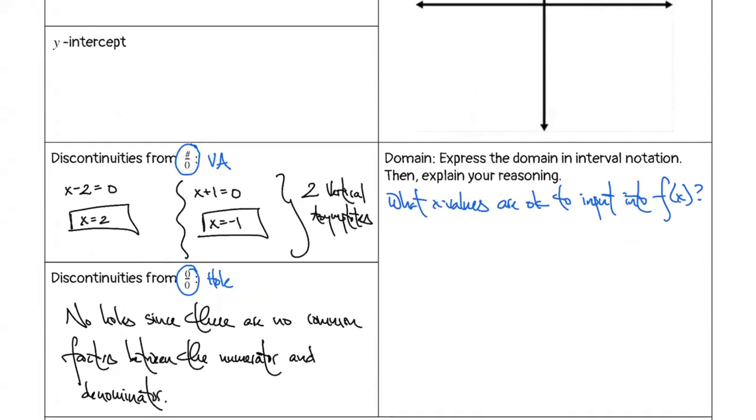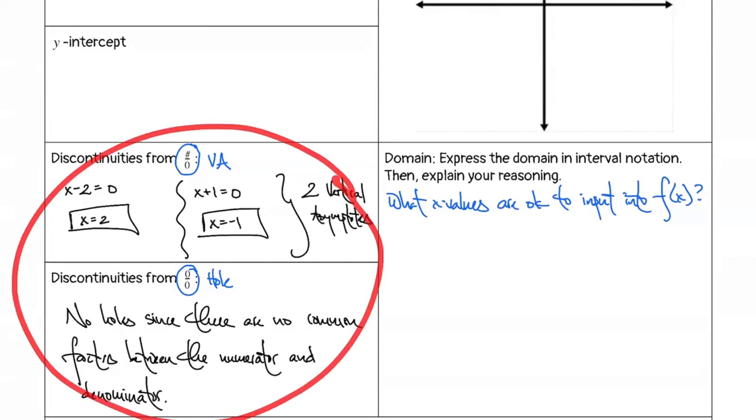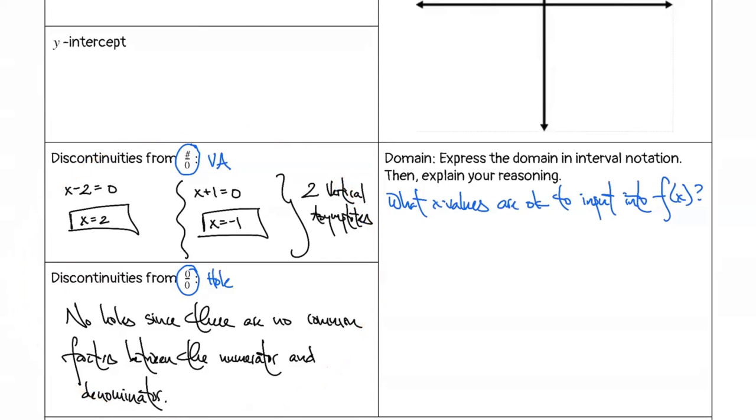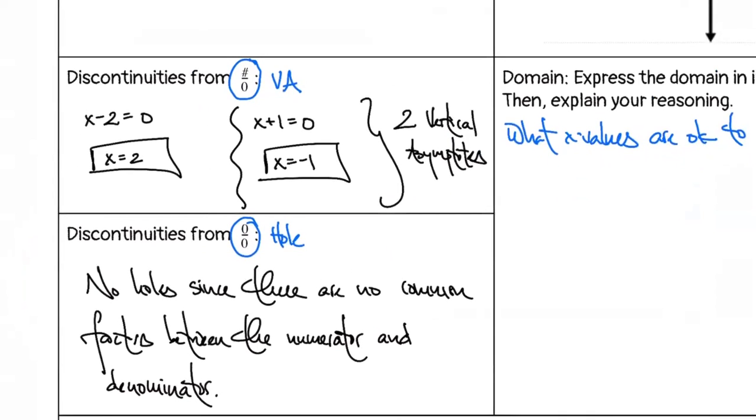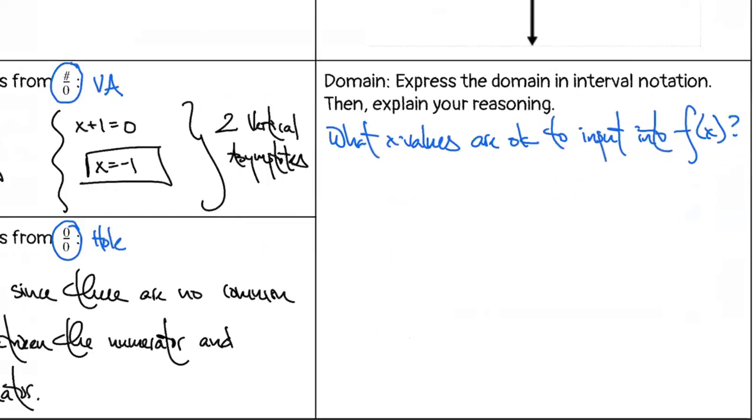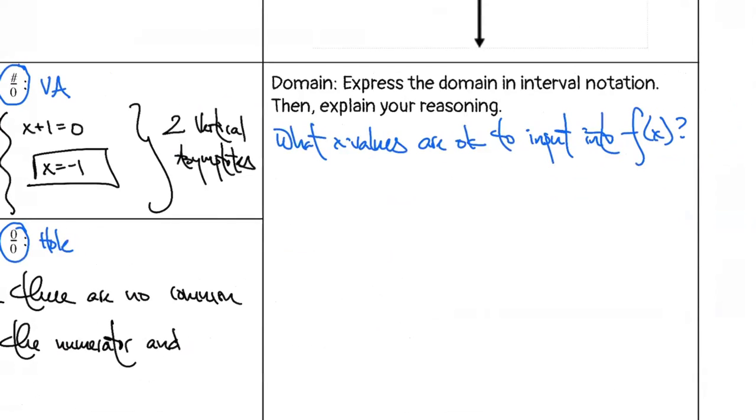Now, here's the good news. All the discontinuities tell you is the x values that cannot be put into the function. All right, so I wish I had left myself a little bit more space here, but maybe we write it here.